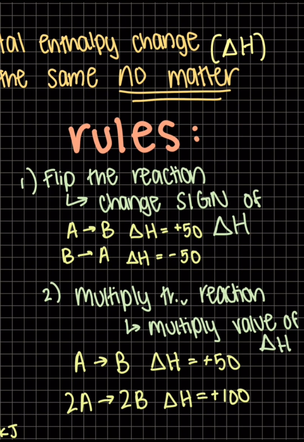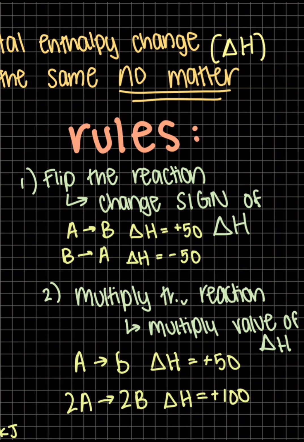So some base rules for Hess's law, and just stay with me if you're confused. The first rule about Hess's law is that, number one, if you flip the reaction, you must change the sign of the delta H. And we're going to see how this is placed in the practice problem later.